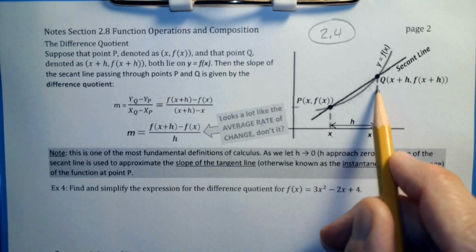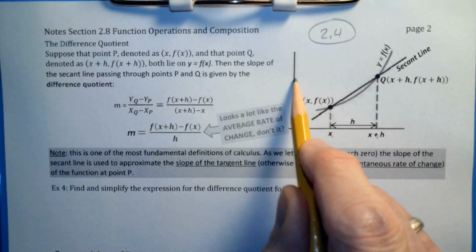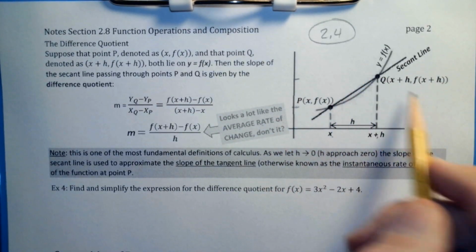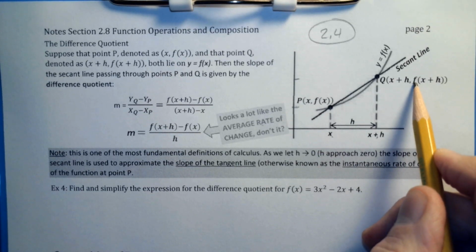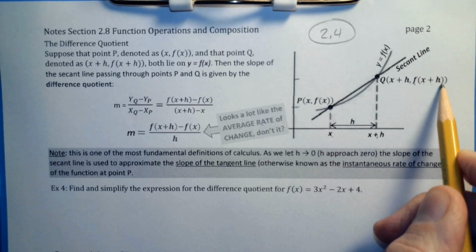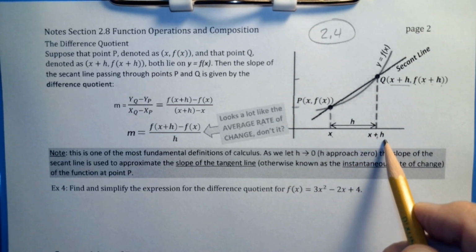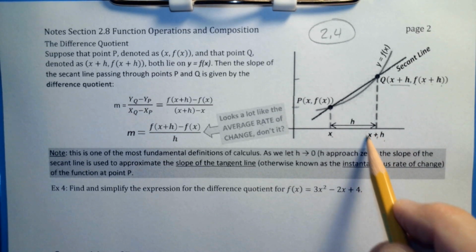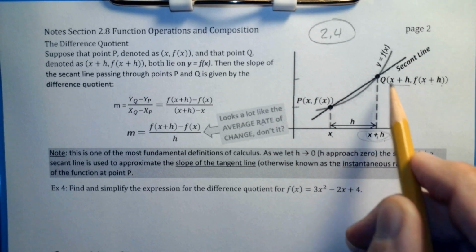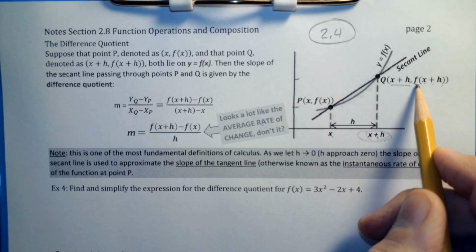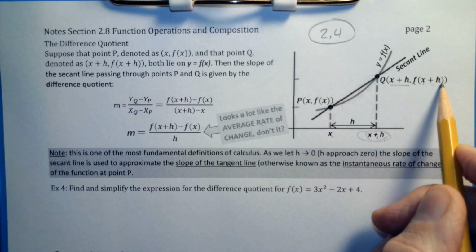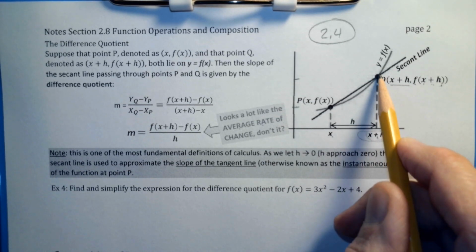We moved over. And so then this height, or the y coordinate, is f of x plus h, right? We plug that x value, x plus h, into the function, and we get out f of x plus h, which is the y coordinate for that point.